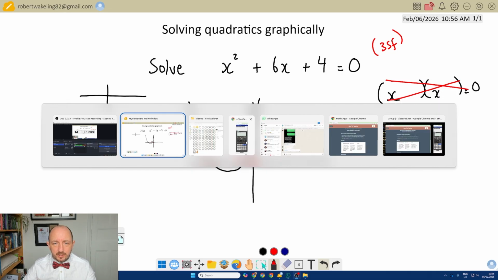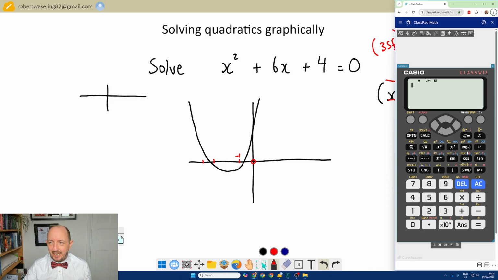What we can do, as a bit of a hack, that helps us improve our accuracy, is to actually get the proper solutions off of our calculator. So 1x squared, 6x and 4 would give us minus 0.76, and then the next one, minus 5.2.